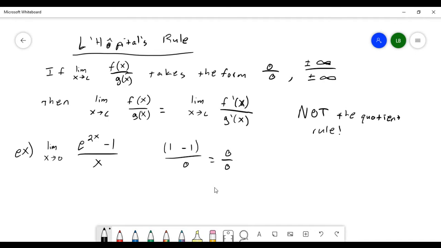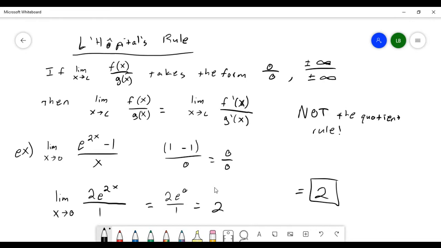So L'Hopital's rule says that we can actually take the derivative of the top, which is 2e to the 2x, and the derivative of the bottom, which is 1, and say that that is actually the same, just like that. And we can actually just plug in 0 for x. We get 2e to the 0th over 1, which is 2. So this limit is 2. Make sense?